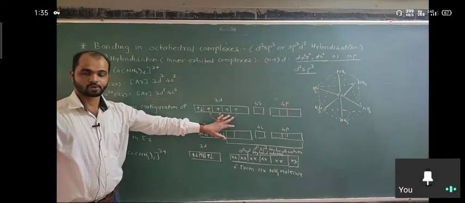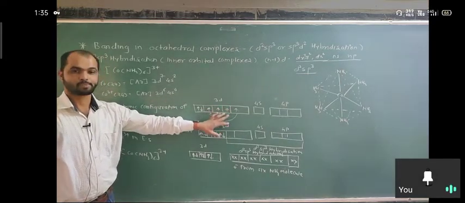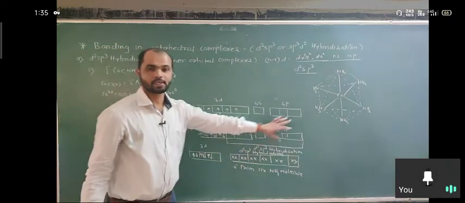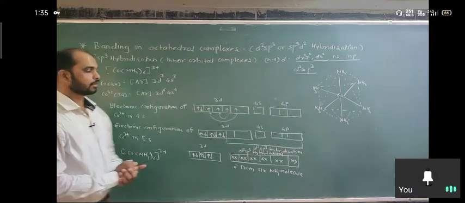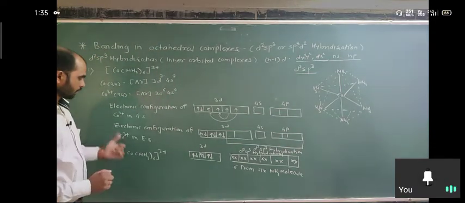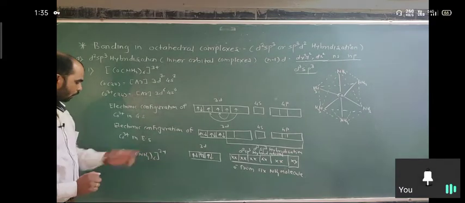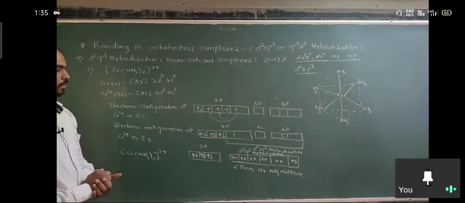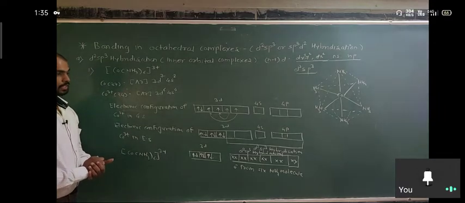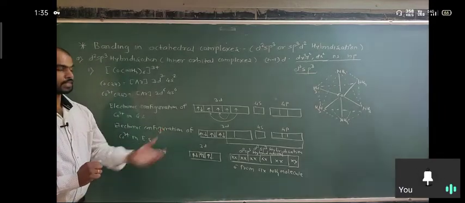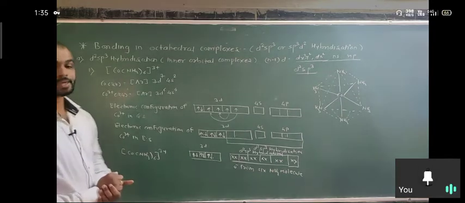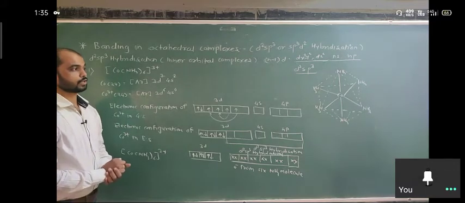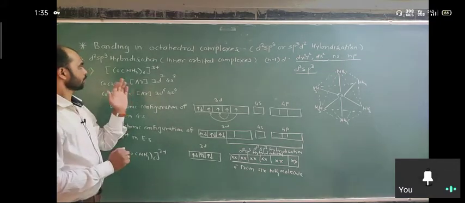There are 4 unpaired electrons in 3d which pair up and make 2 empty d orbitals which undergo d2sp3 hybridization and form 6 d2sp3 hybrid orbitals. The 6 d2sp3 hybrid orbitals overlap with the orbitals of 6 NH3 molecules and form 6 Co-NH3 bonds. There is no unpaired electron, that means the complex has 0 magnetic moment and is diamagnetic. The d2sp3 hybridization suggests octahedral geometry. So this is all about the first example.